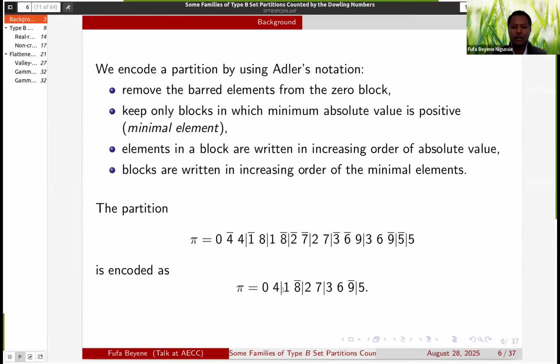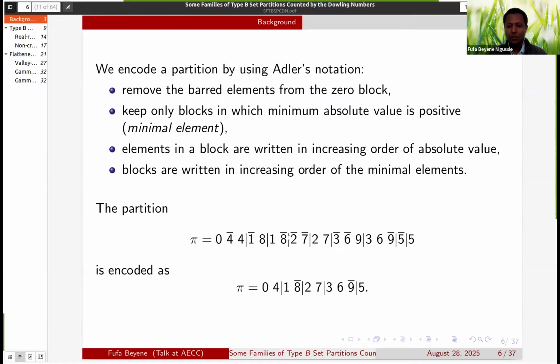This is because if I know 4 is in the 0 block, I can immediately identify that minus 4 was also in this block. And I just keep those blocks with minimal absolute value, like out of minus 1, 8 and 1, minus 8, I just keep 1, minus 8.